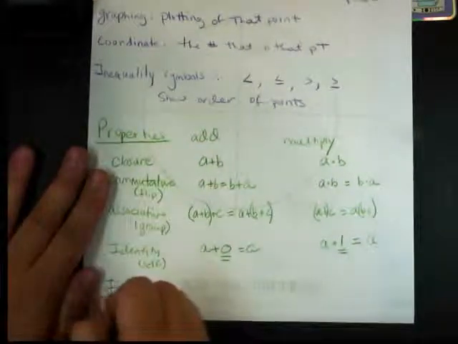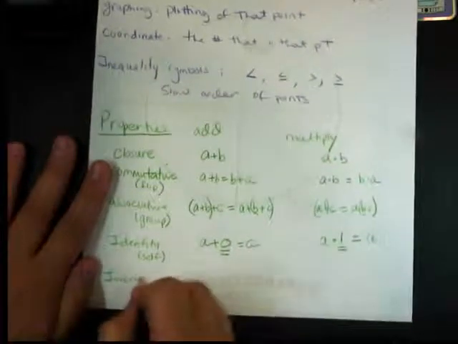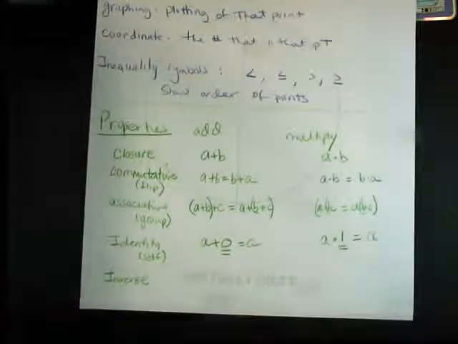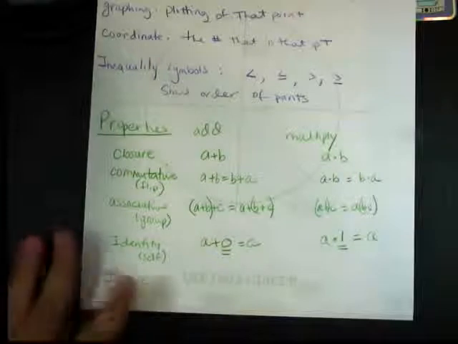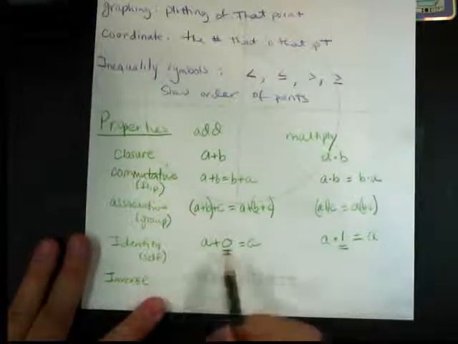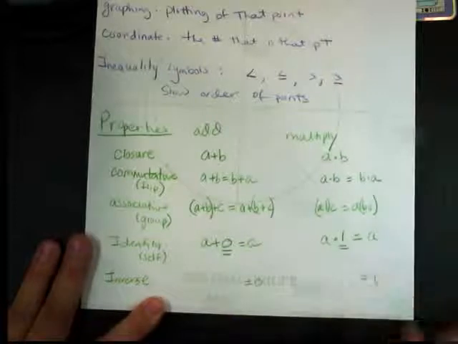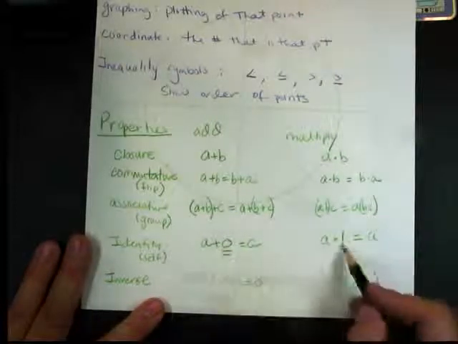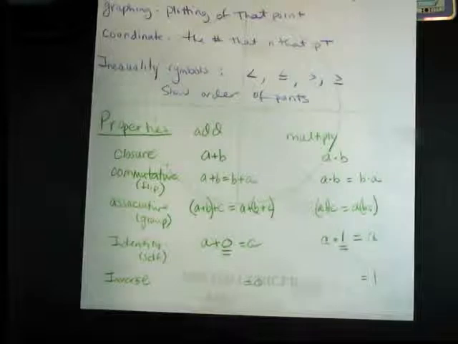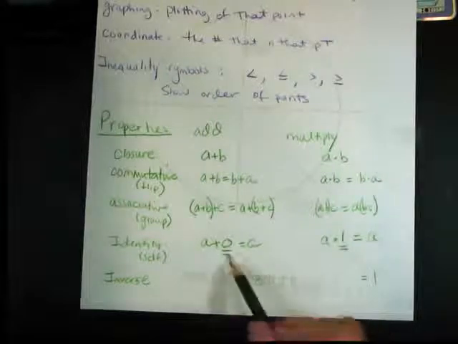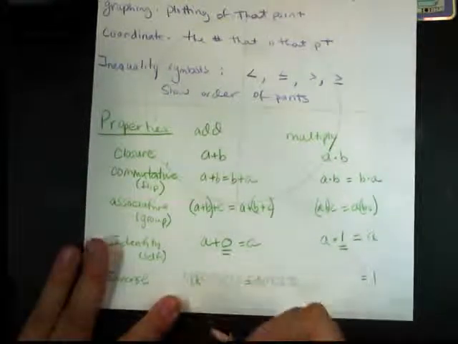Now the inverse is to do kind of the opposite of yourself. Inverses means how am I going to get 0 and how am I going to get the 1. They're kind of opposites of each other. So how do I get 0 if I start with A?